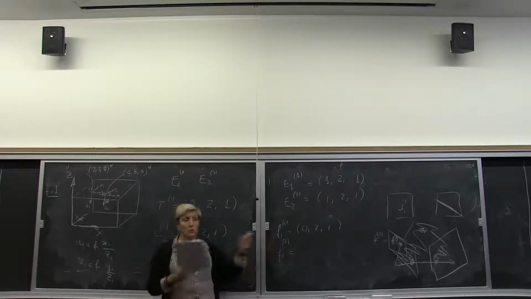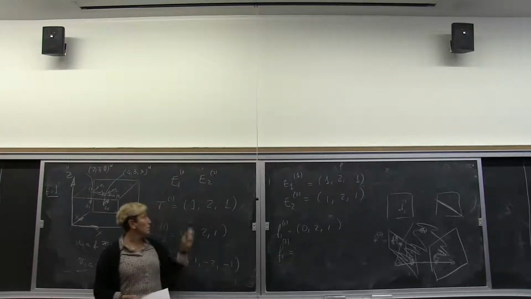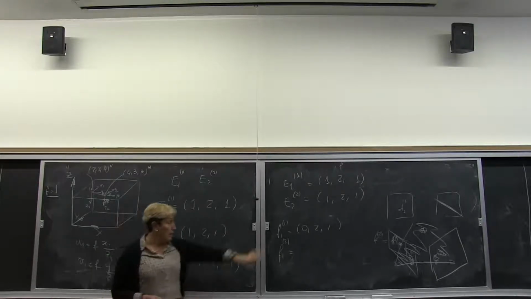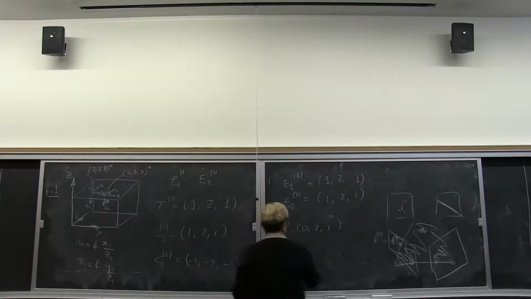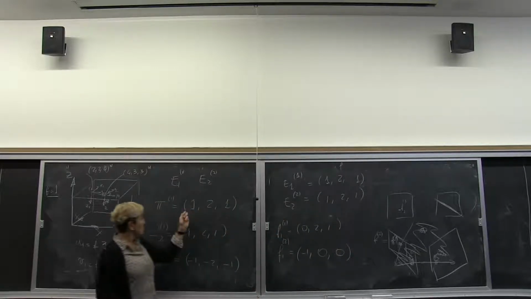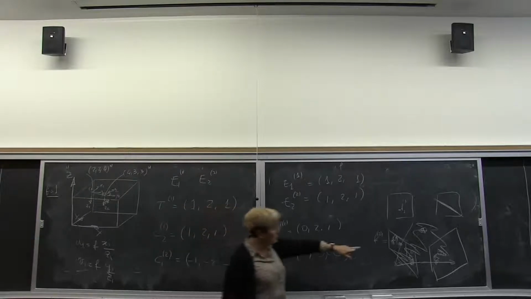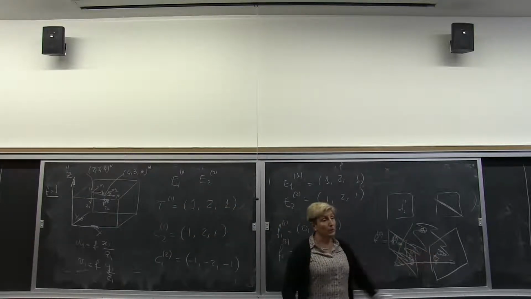What's the relationship between the two coordinate systems? This translation that we had before, right? So I need to apply this translation to that. So this becomes now -1, 0, 0. I subtract E21 from this guy, and that gives me the coordinates of this point expressed in the other camera system.